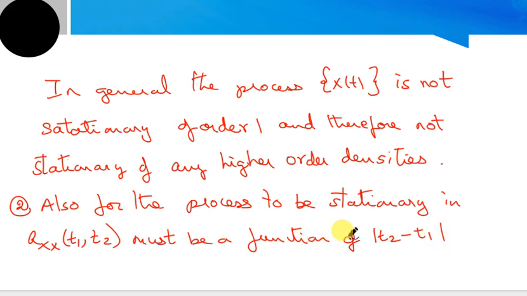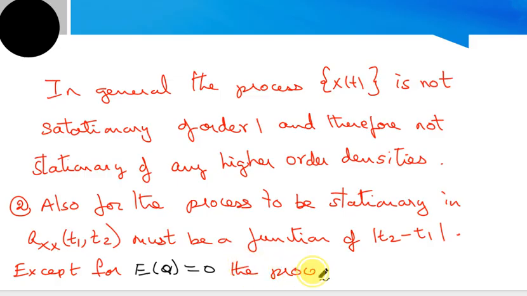That is, it should always be a time difference T2 minus T1. Except for E of q equal to 0, the process will not be stationary in autocorrelation.